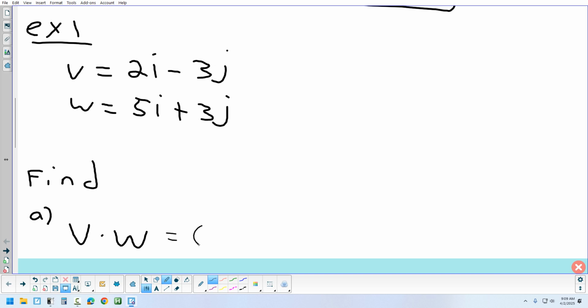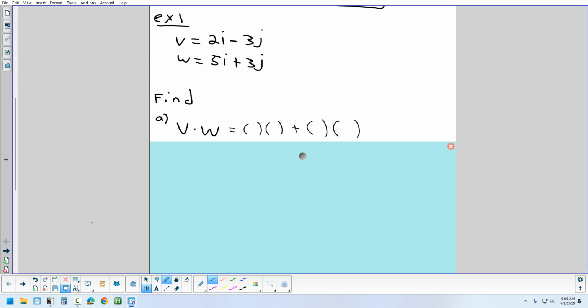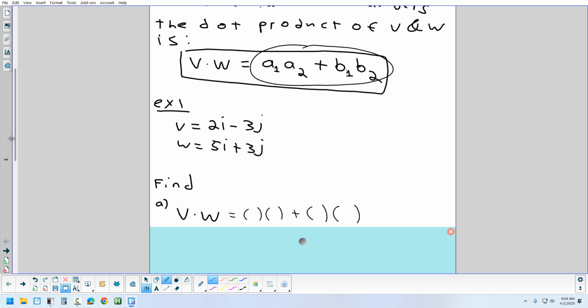Okay, so to find v dot w, that's going to be your calculation you're going to set up. And what's going to go in the first two parentheses? 2 and 5. So 2 times 5. And what's going to go in the last two? -3 and 3.